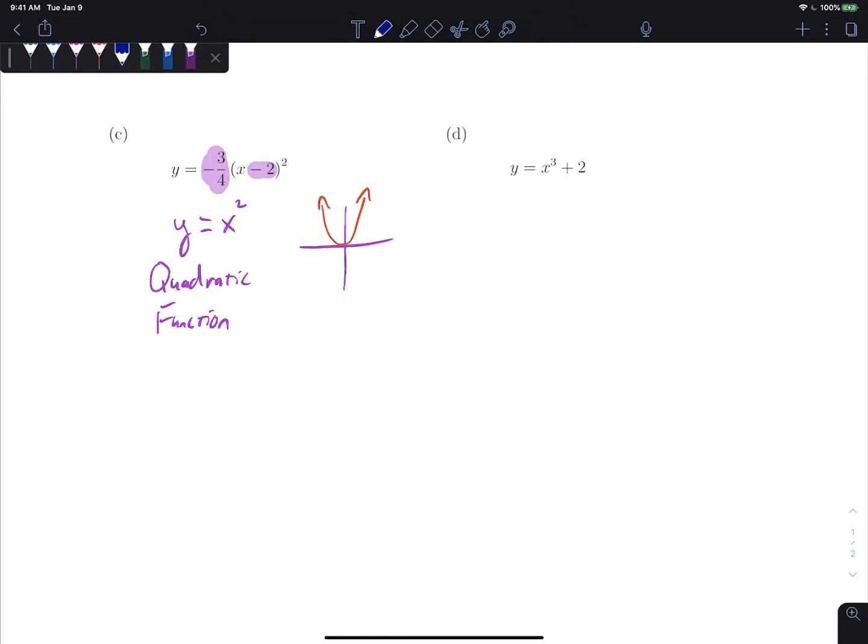For the next one, y equals x cubed plus 2. Notice that this plus 2 here is an addition, but that's it. There's nothing else left here. So the only thing that we have left will be y equals x cubed. This is a cubic function.